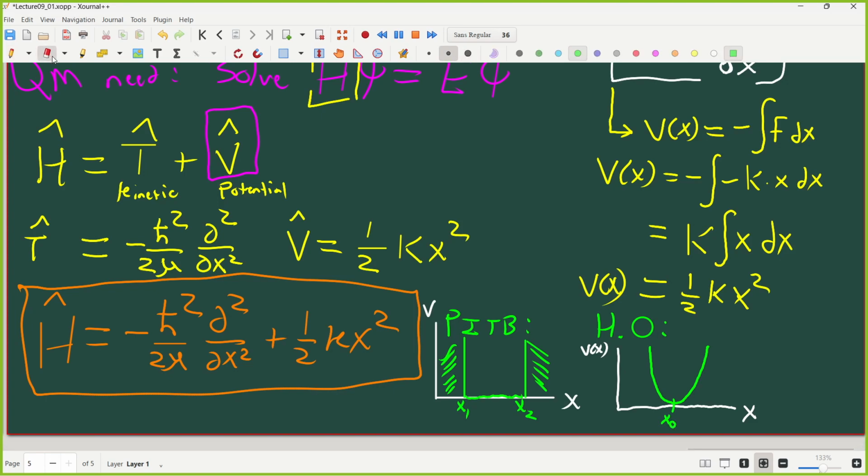Or that's L naught, sorry. I wrote that as L naught. So we have a different structure to our box. Instead of having 0 everywhere and then 2 walls that are infinitely high on the edges, a finite space, we have a space that slowly and continuously grows to higher and higher energy as we move away from it. Very different.